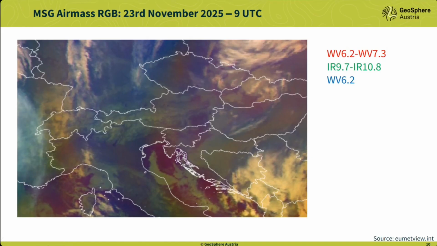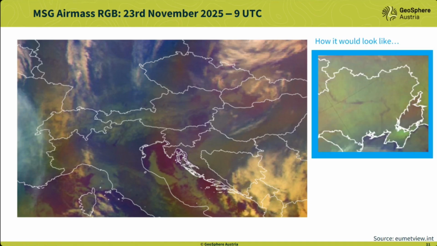It was just the first day of this high pressure dominating the weather. But as the winter is just starting now, if you have a really cold situation and high pressure dominating, then take a look at the Airmass RGB, and if you see this color, then it might be due to really, really cold conditions on the ground.